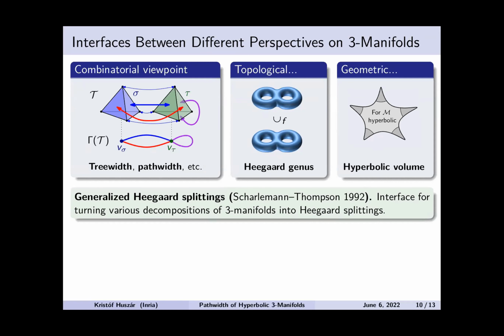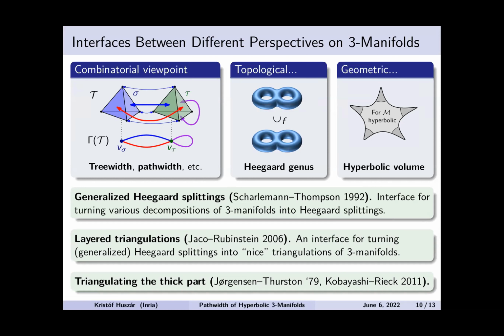And to achieve this, luckily, we don't need to start from scratch. There exists powerful machinery to establish bridges between these different points of view, in particular in a quantitative way. So for instance, generalized Heegaard splittings provide us an interface for turning various decompositions of three-manifolds into Heegaard splittings.